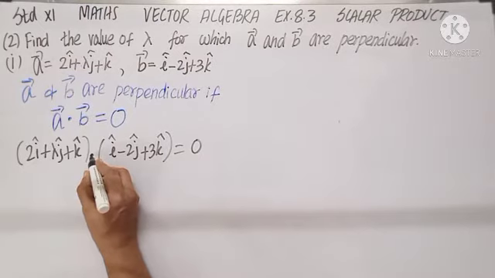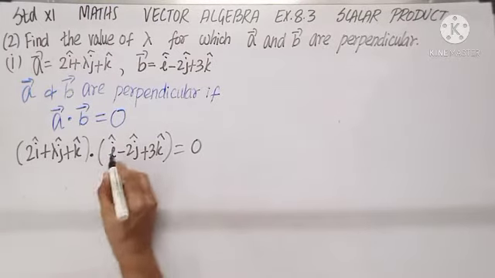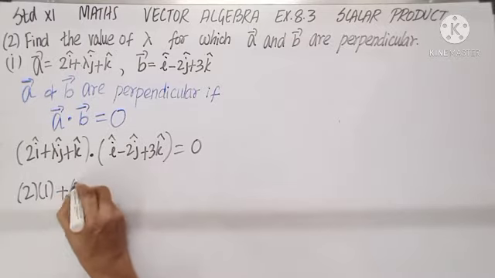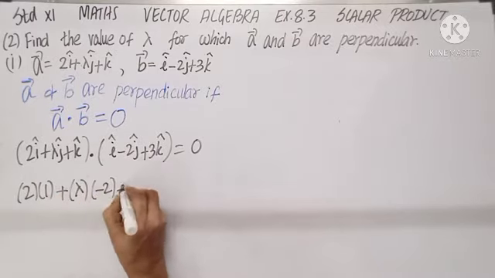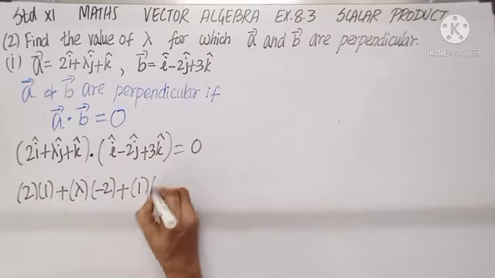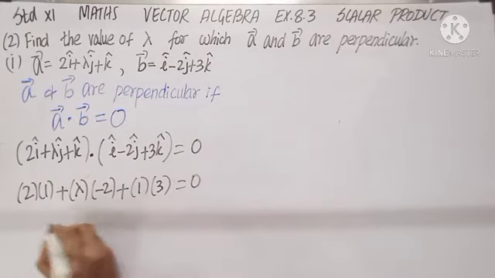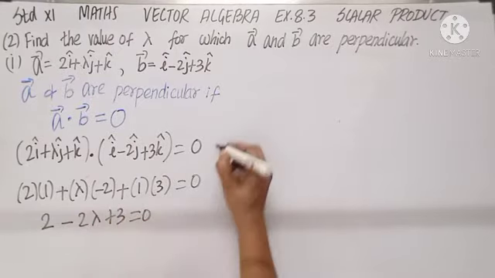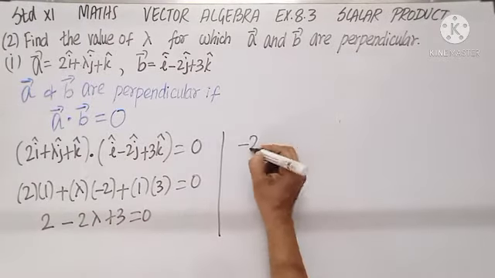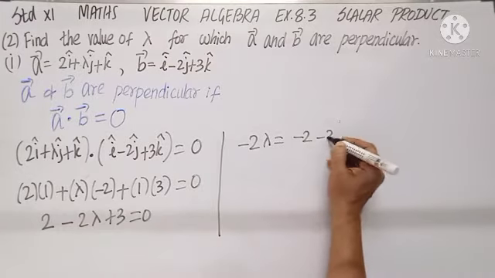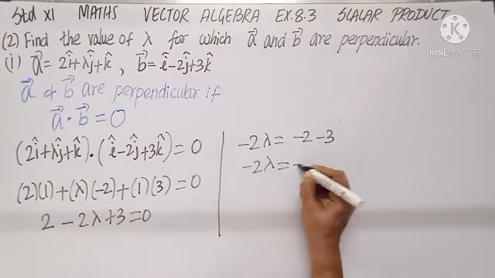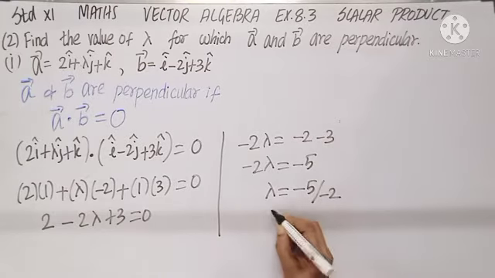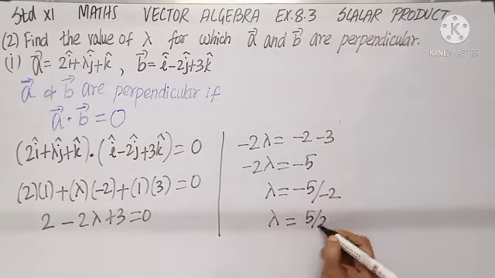Dot product tells us to multiply I and I, 2 into 1, J and J, lambda into minus 2, K and K, 1 into 3, that is 0. So we get 2 minus 2 lambda plus 3 equals 0, or minus 2 lambda equals minus 2 minus 3. Minus 2 lambda is minus 5, lambda is minus 5 by minus 2, that is 5 by 2, which is the answer.